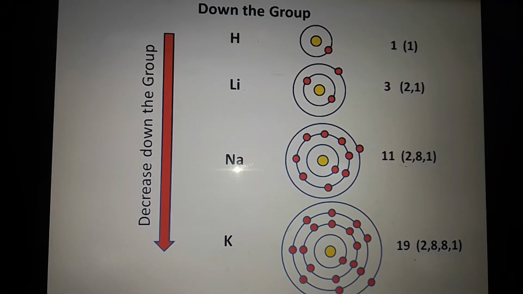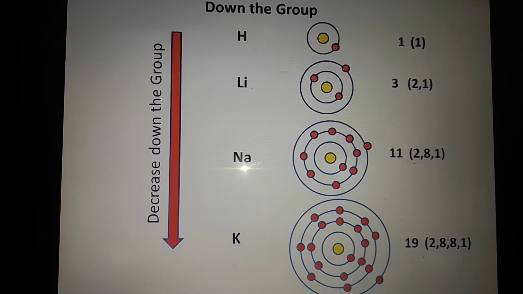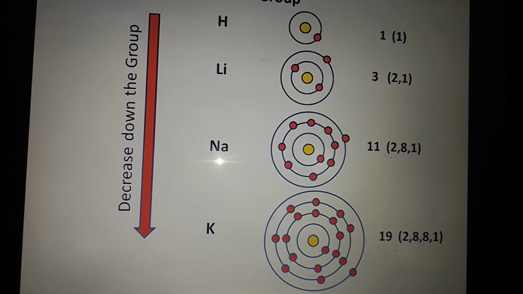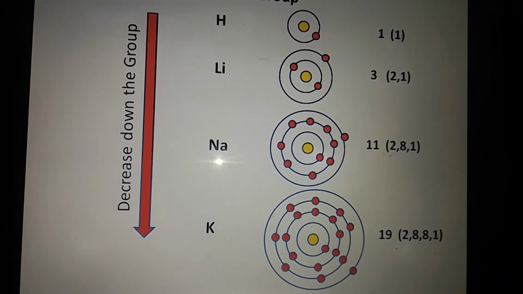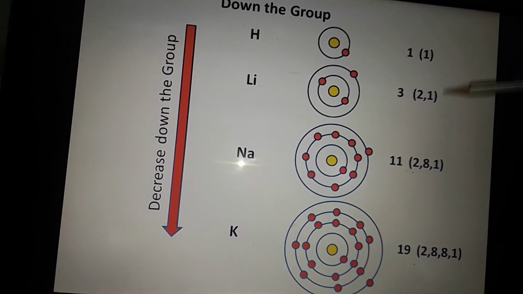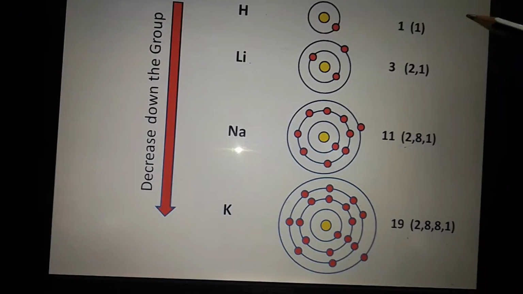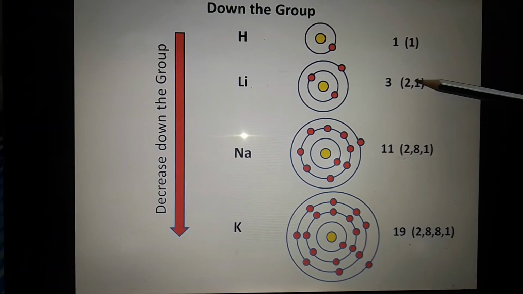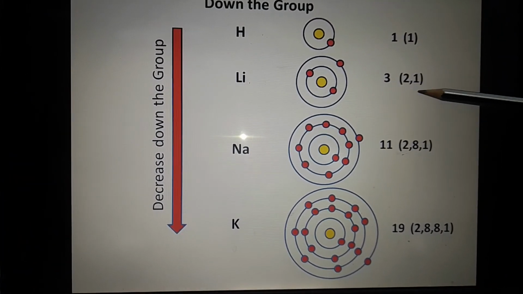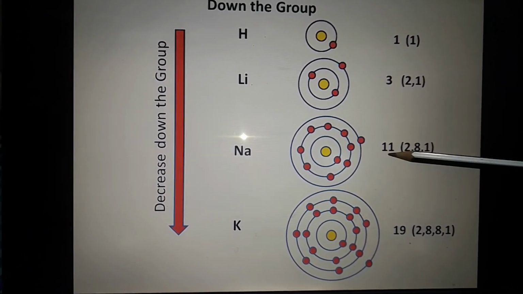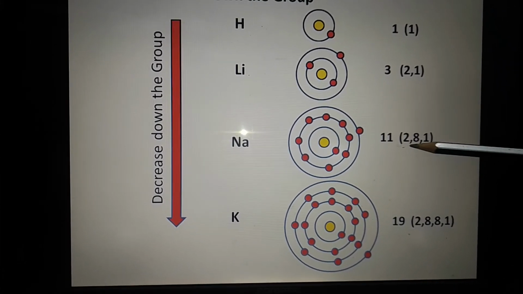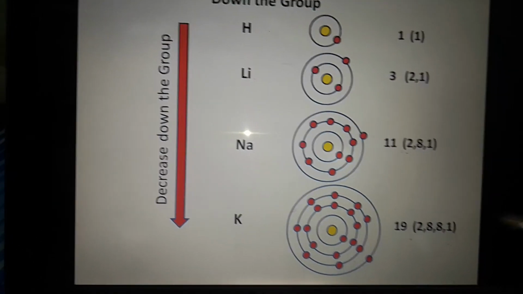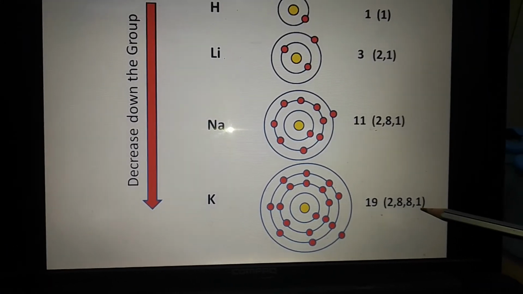This we can see diagrammatically here, down the group. First we take the example of the elements hydrogen, lithium, sodium and potassium. Their electron distribution and atomic number are mentioned on the right hand side. Hydrogen has atomic number 1, lithium 3 with electron distribution 2, 1, sodium 11 with distribution 2, 8, 1, and potassium 19 with 2, 8, 8, 1.